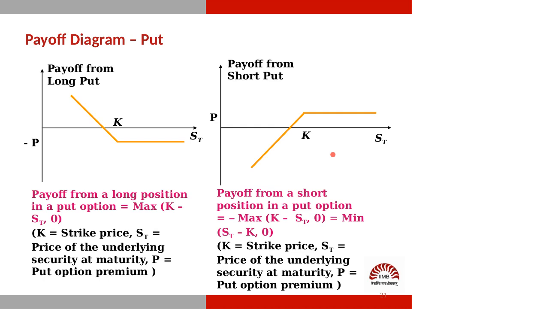That is important, because in both cases the losses are large, but as a comparison between the two, the maximum loss for the writer of the call option will be larger than the maximum loss for the writer of the put option.